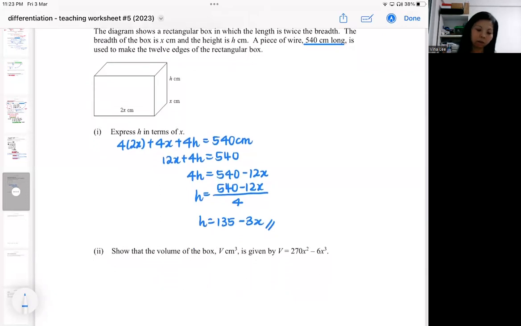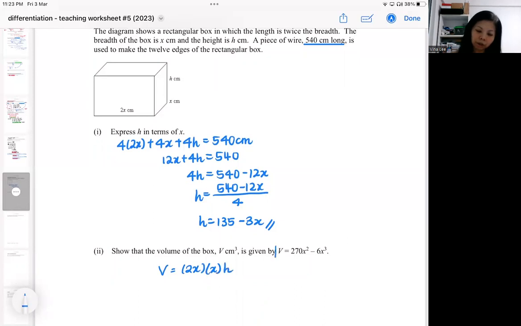The next part is showing the volume. The volume is length times breadth times height because the shape is a rectangular box. If it's a cylinder, then it will be pi r squared times height, whatever relevant mensuration formula. In this case, I'm just doing length times breadth times height.